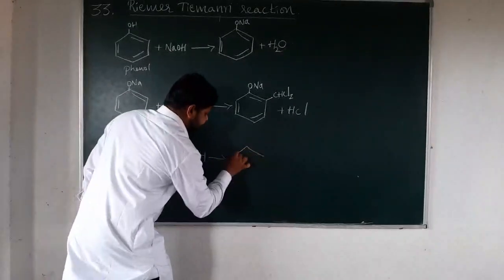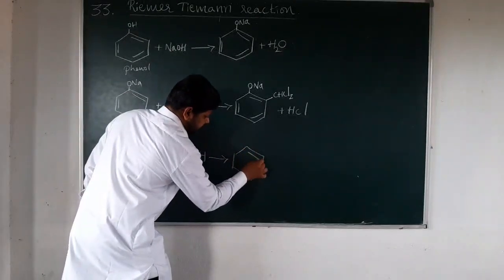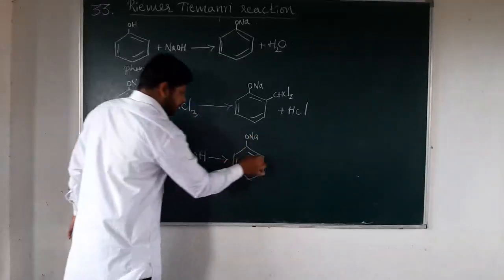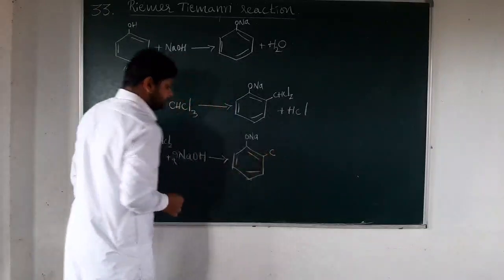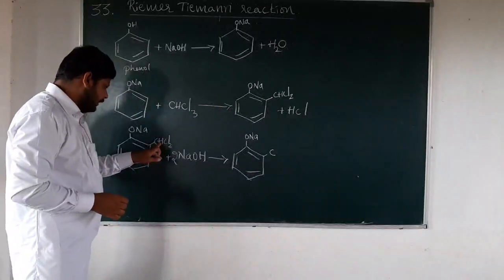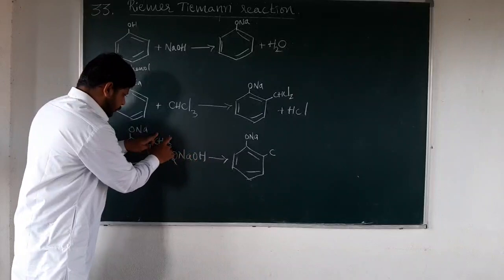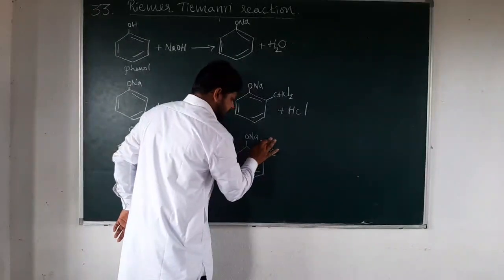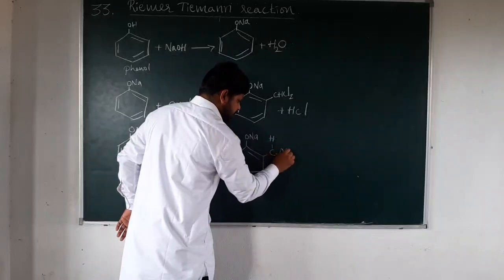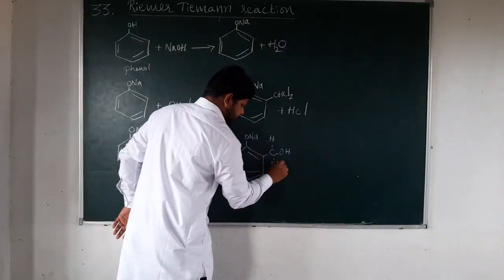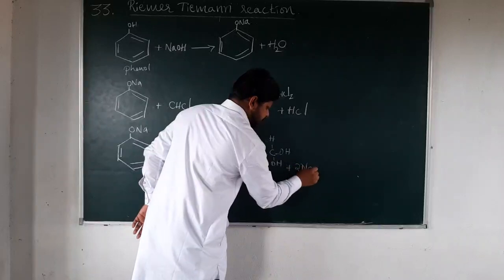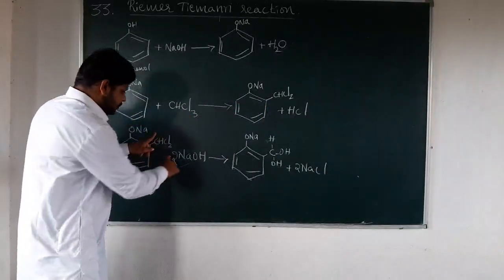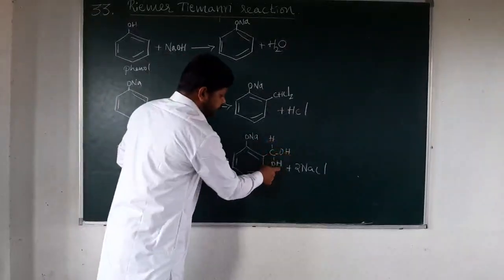So now here it will be ONa, and here it is C, H, one bond, OH, OH. So I will write H, OH, OH plus 2NaCl.